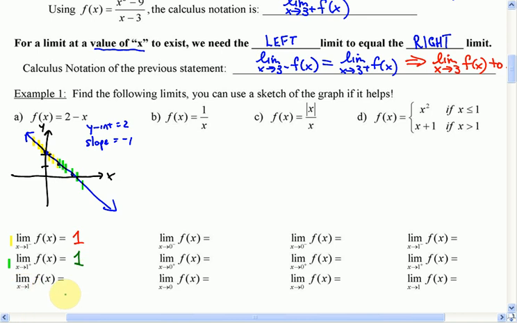So before I say what happens at the limit at 1, can you see how the limit from the left and the limit from the right equal each other? And because they equal each other, then you know that the limit at that particular value exists, and the answer was also the same, which is 1. Okay?